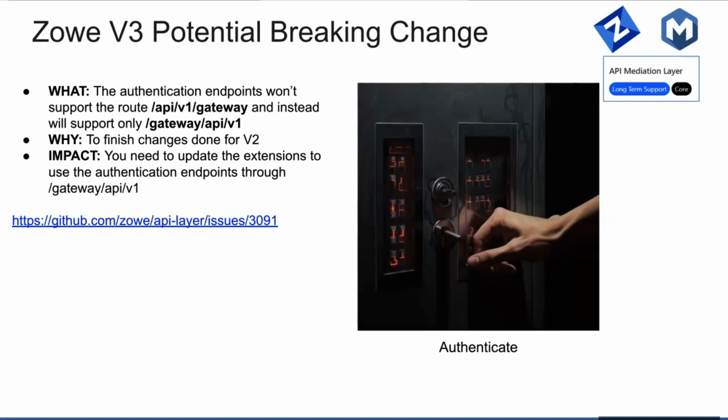And we got quite some pushback and misunderstanding that this is applicable to the authentication endpoints as well. As such, we retained them for V2, but with V3, we intend to remove them as it's additional support, additional tests, additional integration that we need to keep and that consumes our resources.